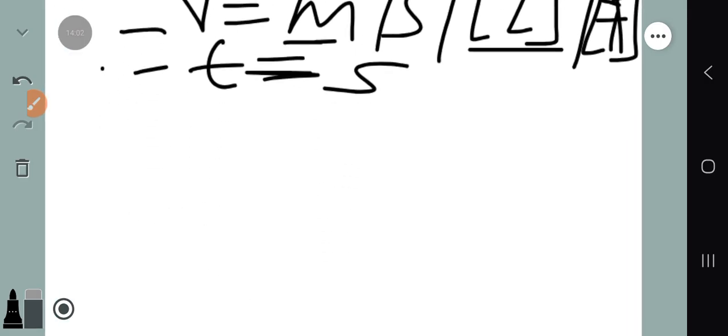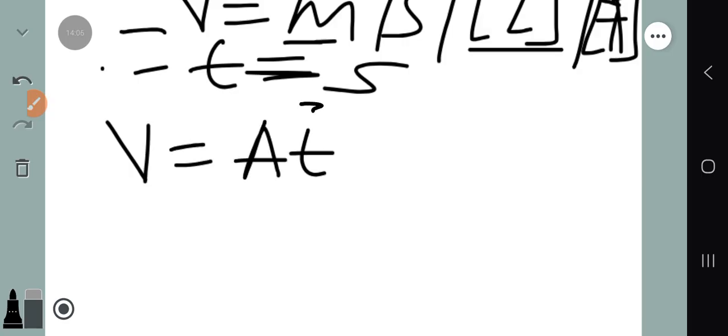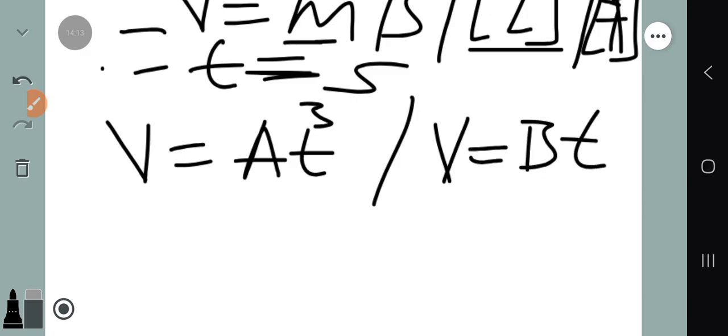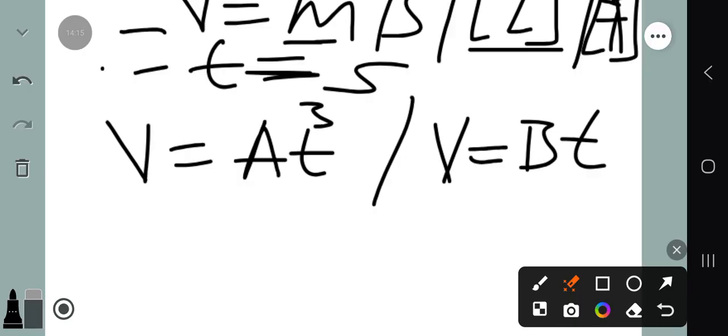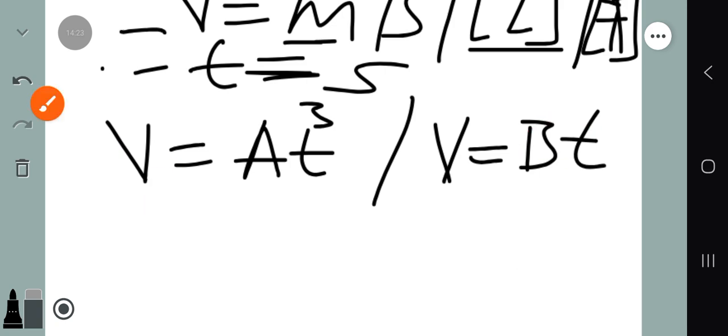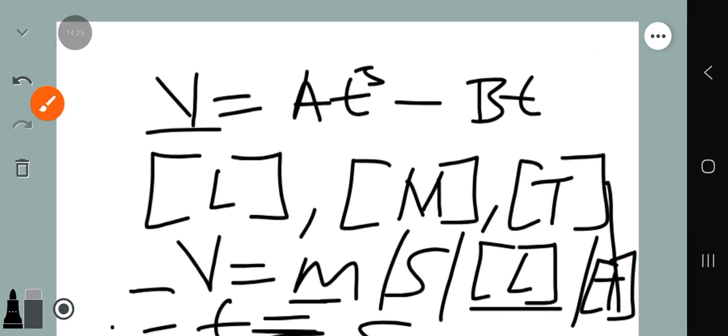So we're going to say V equals AT cubed. The other one is V equals BT. This is what I meant when I said it can only derive one part of an equation. I've just equated V equals that, V equals that. So forget about the negative that was there. I know there was a negative here. All right, forget about this negative.